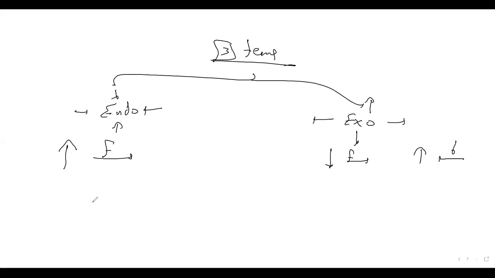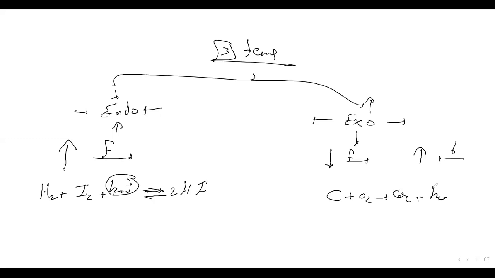Like, for example, if we have H2 plus I2 plus heat gives 2HI. This means that the reaction is endothermic, so it requires more amount of energy. So by increasing temperature, it moves forward as it is. While C plus O2 gives CO2 plus heat.